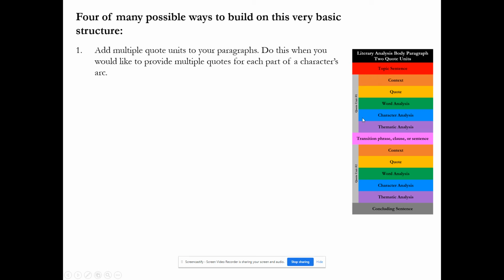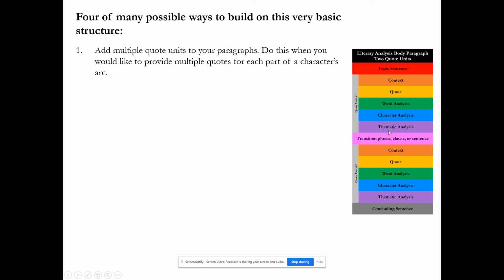But this here is just one quote unit. We use this term quote unit to refer to context through thematic analysis. And then you can continue the paragraph by transitioning, by saying something like, in addition, a little bit later in the story, just after the character does this and this, he says this thing, right?